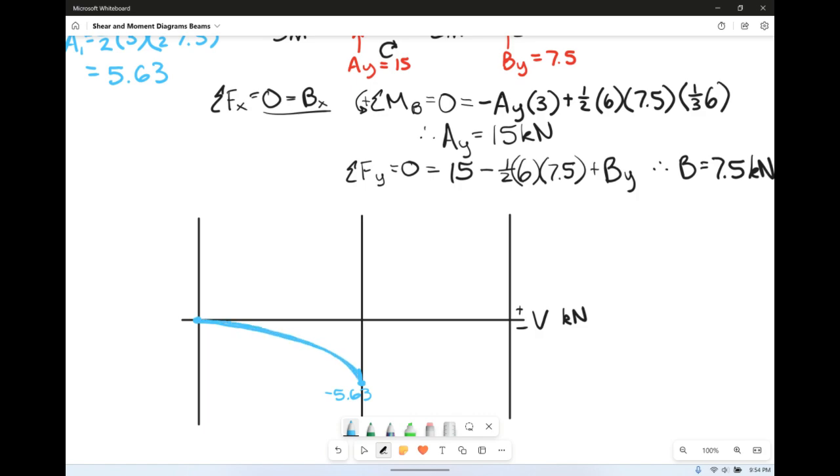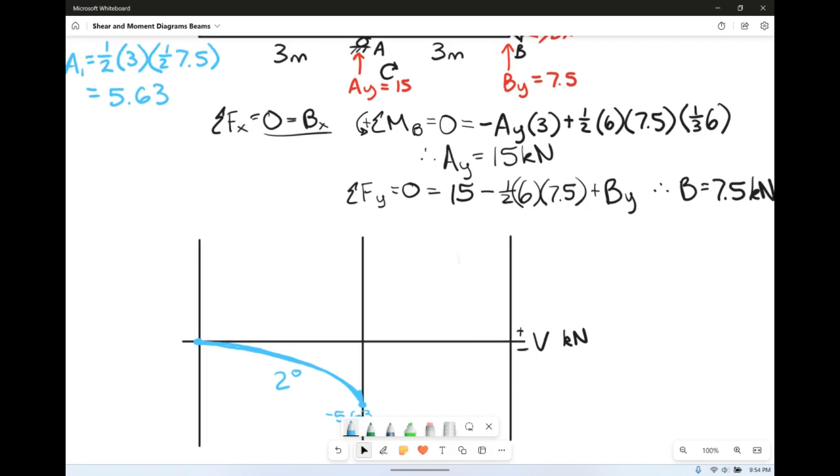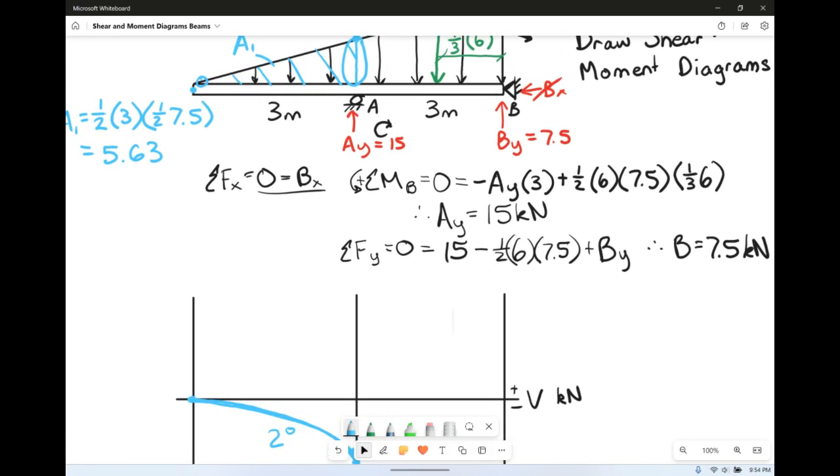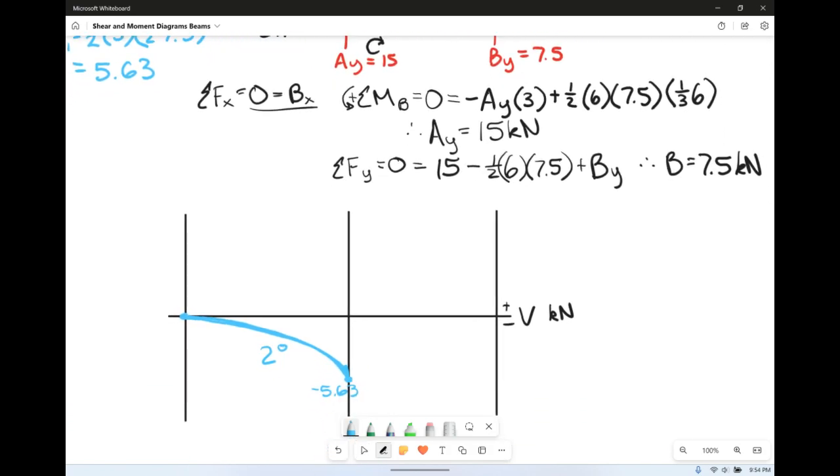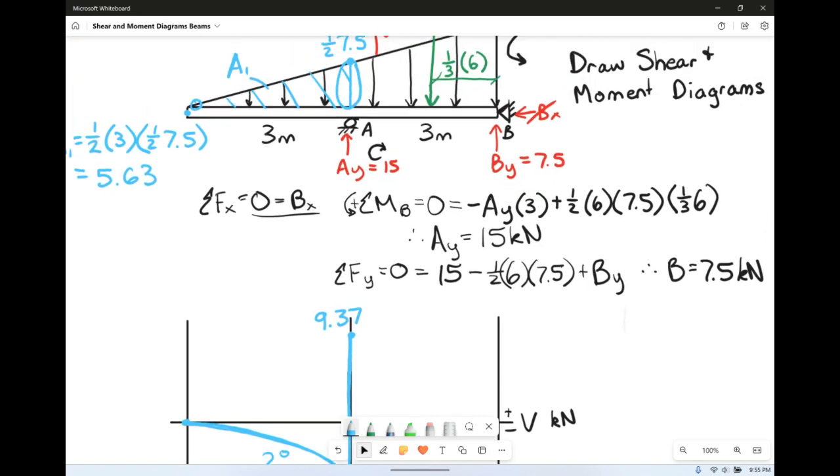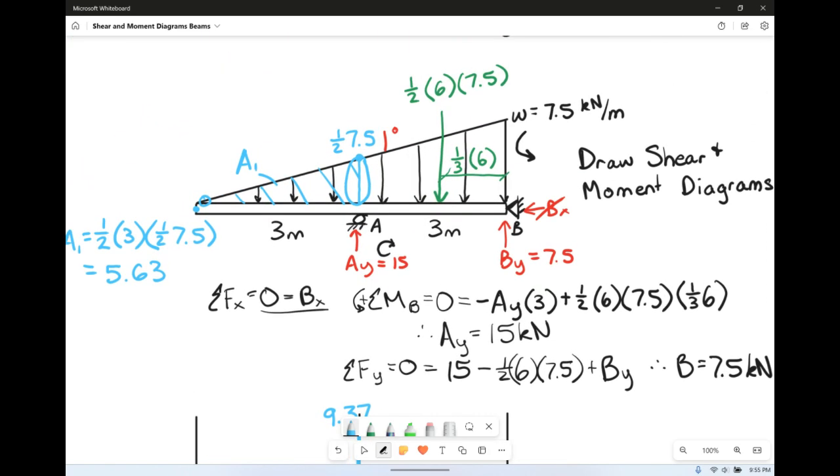And again, this is going to be a 2nd degree because our loading was already a 1st degree. Then we have AY shooting us straight up 15. So from 5.63, we have to go up 15, so it's going to put us up here at 15 minus 5.63, that's 9.37. So we go straight up 9.37. Then we've got to come back down again.